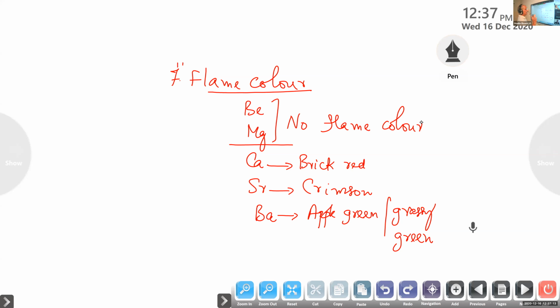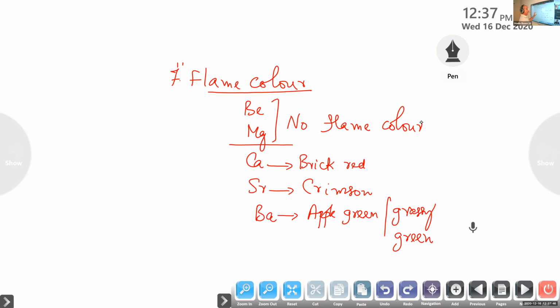Due to their small size, the outermost electrons are not easily excited by absorbing energy from the flame. There is no excitation of electron, that's why the flame color is not produced.